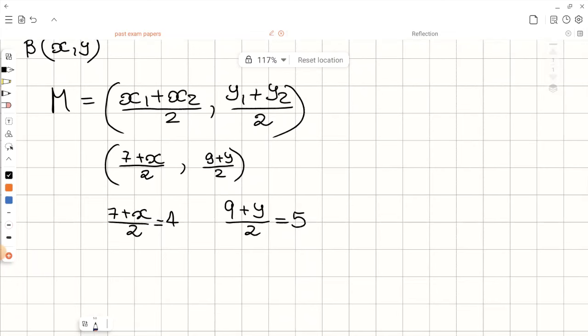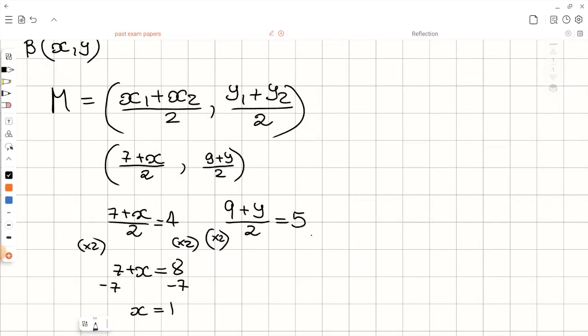Let's start with equation 1. I have to multiply both sides by 2. So we will have 7 plus x equals 8, and if we subtract 7 from both sides, x will be 1.